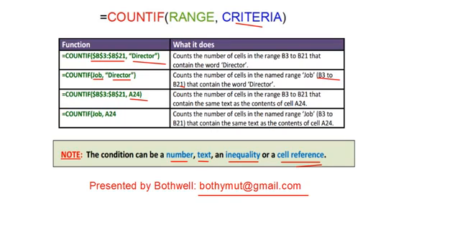I don't think I need to explain absolute cell referencing here because we've covered it in the previous lesson, but if you missed out, you're free to contact me and I'll be more than willing to help you. So we are saying it counts the number of cells in that range, in this case B3 to B21, that contains the same text as the contents of cell A24. Right, let's move on to the last one. Equals COUNTIF, job, comma, A24.